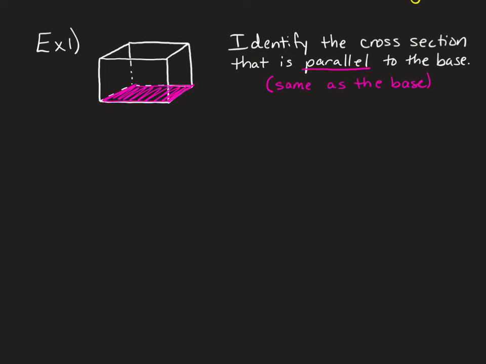It's a rectangle. And so the cross section will just be parallel to this. So it could be right here. Notice that it's parallel and it is a rectangle. So that's what the cross section is.